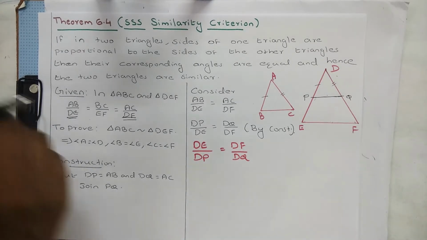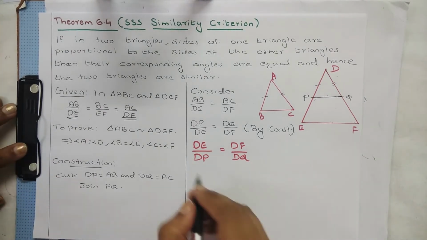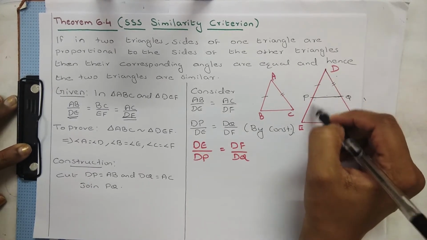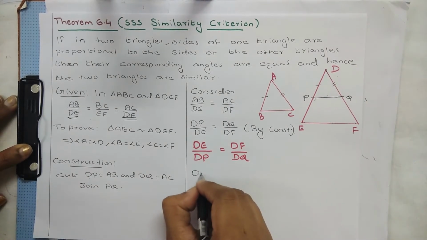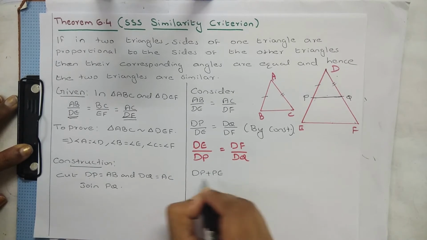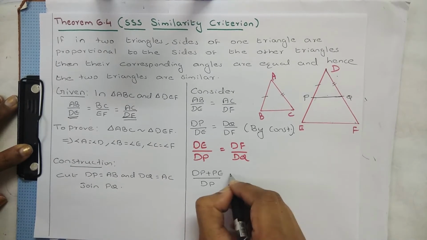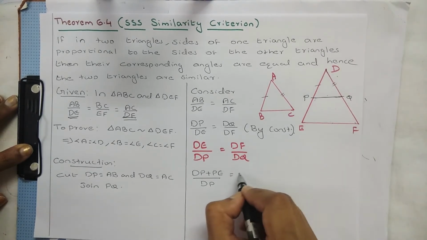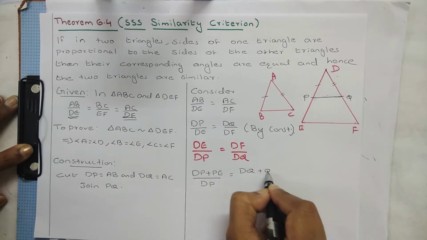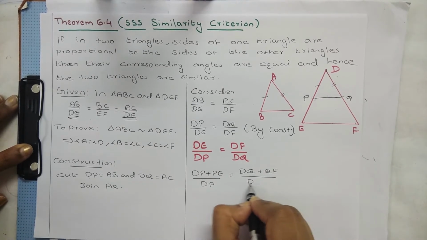Now DE, how will you write? DP plus PE, right? DP plus PE whole divided by DP is equal to DF, how will you write? DQ plus QF whole divided by DQ.